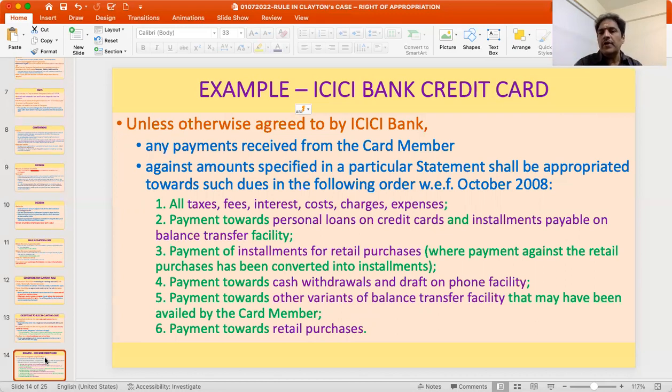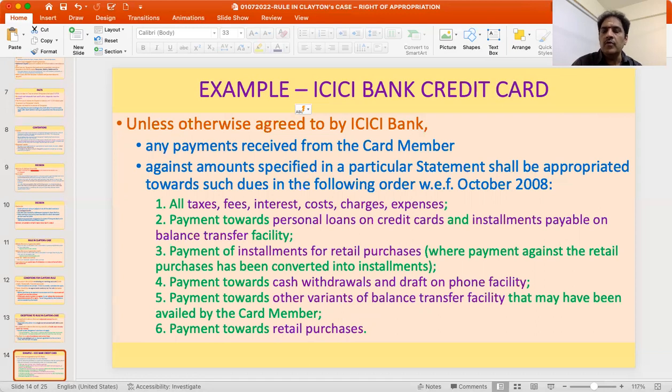So if you have a credit card with balance transfer facility, then cash withdrawal, then a personal loan on credit card, etc., with these multiple transactions it is going to be very complicated, and all your retail purchases, being at the bottom rung, will attract interest at 2.5% per month, which is the standard rate. That is why credit card transactions with balance transfers, installments, etc., become very costly.